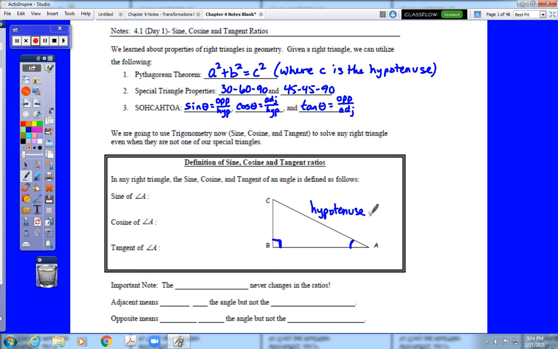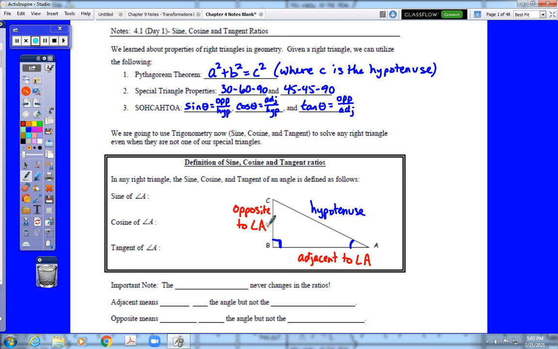Now, in addition to that, the other two sides of the triangle have names as well. Side BA is the adjacent side to angle A, and BC is the opposite side to angle A. Because if I go opposite of angle A, I find that side. If I go next to angle A, I find the adjacent side.